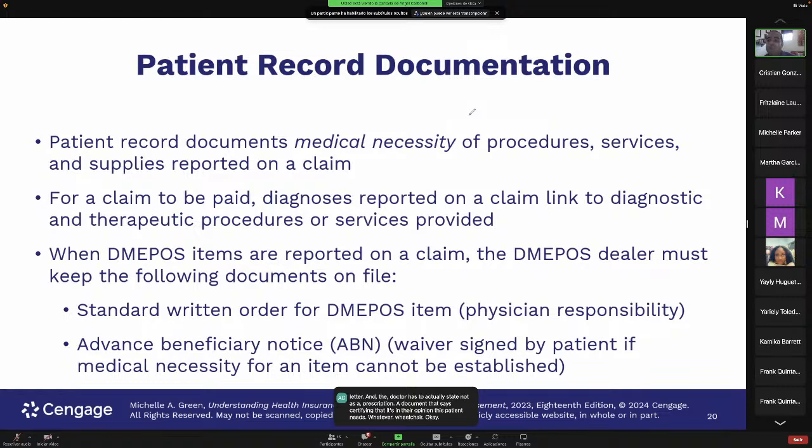Okay, then the bill, then a patient's signature for it, and the signature for the advanced beneficiary notice of non-payment. In this case, we see it here as ABN. It's advanced beneficiary notice. Advanced because you're giving it before you send the claim, before you do the procedure. Beneficiary is a word that we use for Medicare patients.